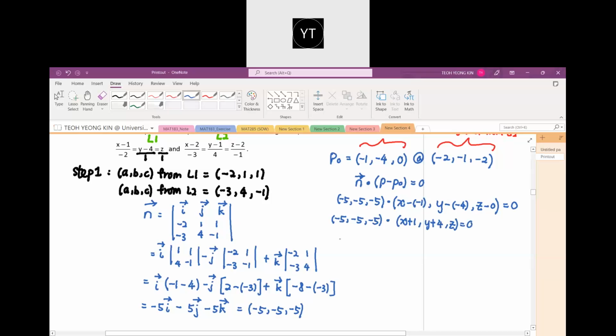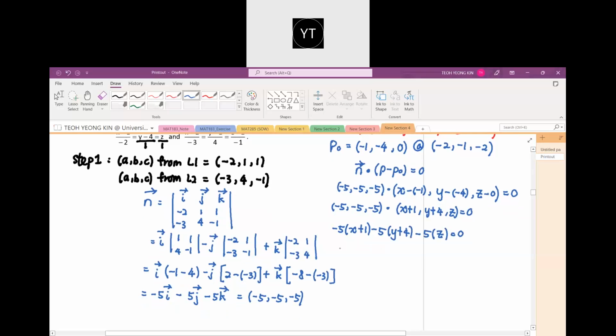So when we try to expand, negative 5 times x plus 1, minus 5 times y plus 4, minus 5 times z is equal to 0. So here we should have negative 5x minus 5 minus 5y minus 20 minus 5z is equal to 0.